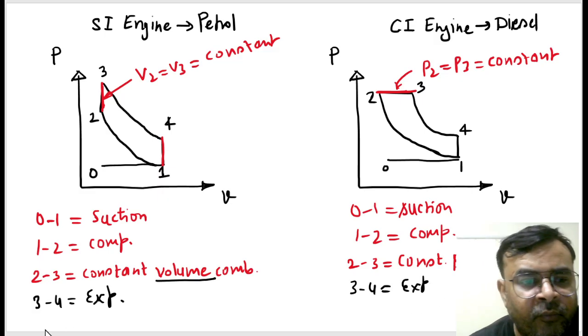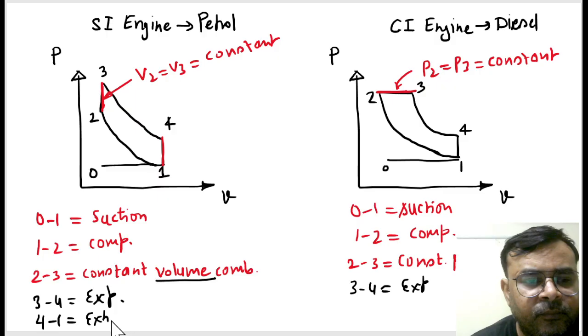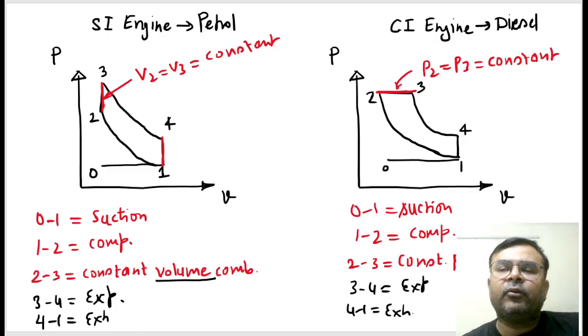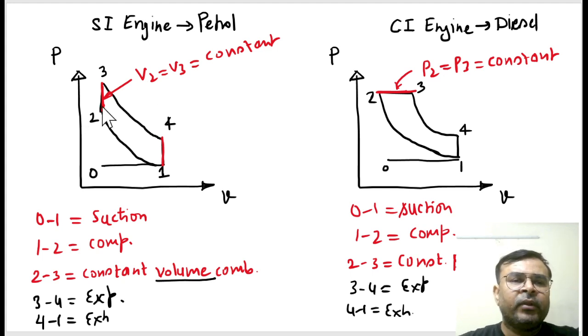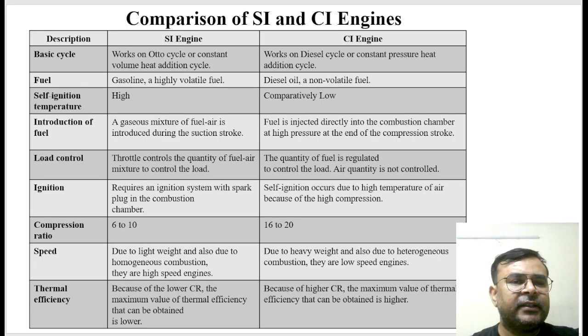Similarly 4 to 1 is the exhaust stroke, and here 4 to 1 is exhaust. So in the air standard cycle, the difference is that the SI engine has petrol as a fuel, the CI engine has diesel as a fuel, and obviously here the combustion takes place at constant volume, and here the combustion takes place at constant pressure. This is the major difference, and the rest of the differences you can see in this slide.